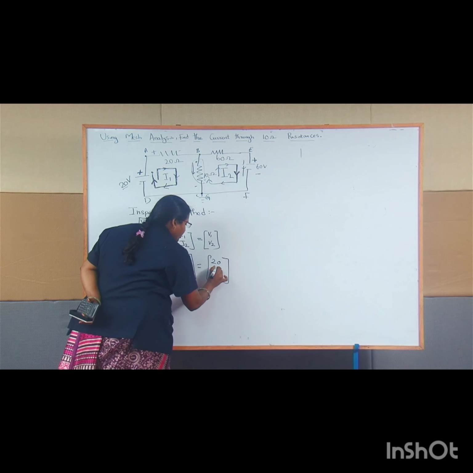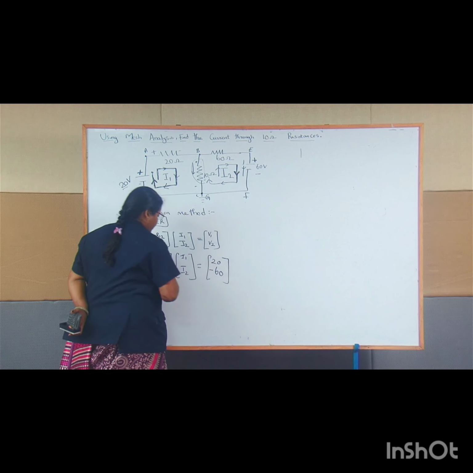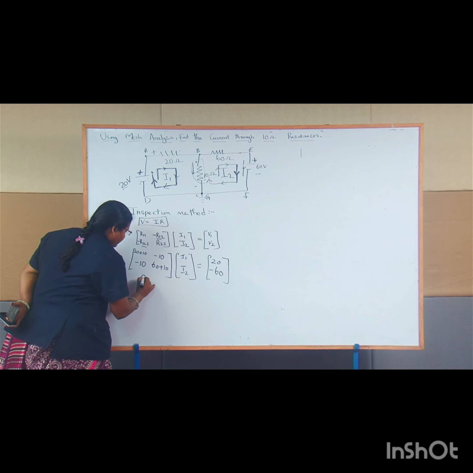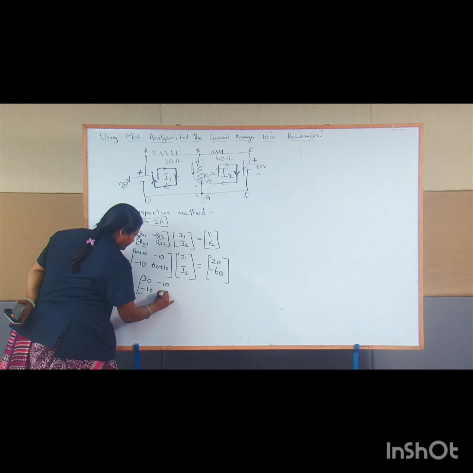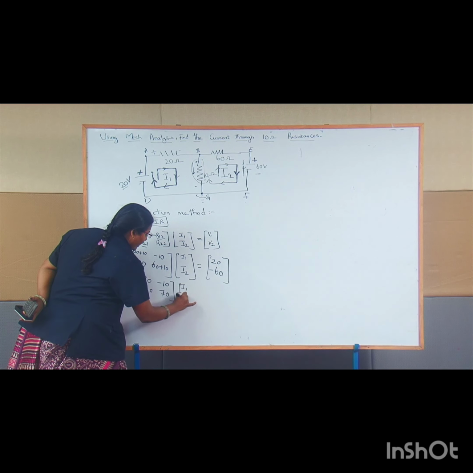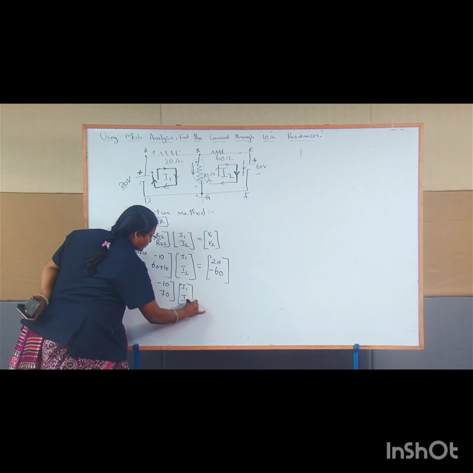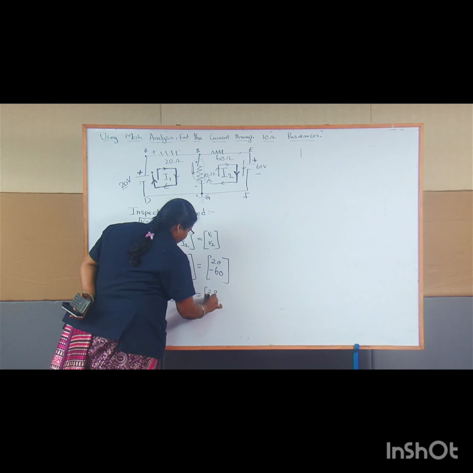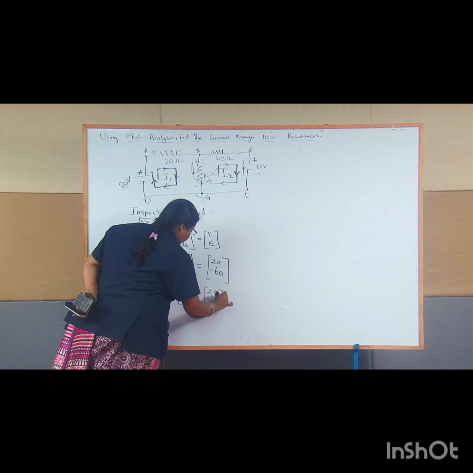So you have to write minus 60. So 20 plus 10, 30, minus 10, minus 10, here it becomes 70, I1, I2 equal to 20, minus 60.